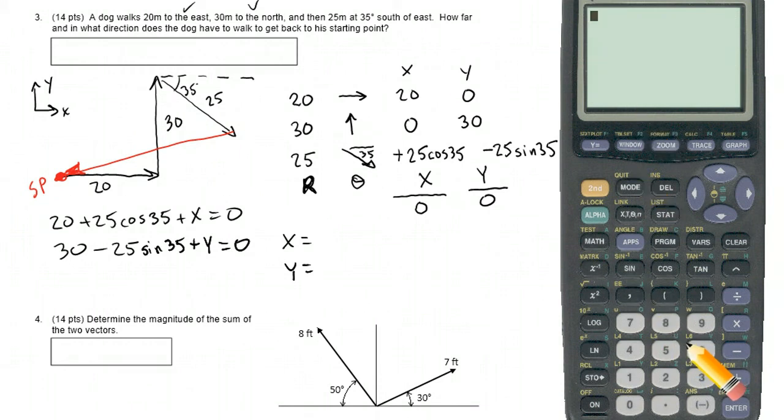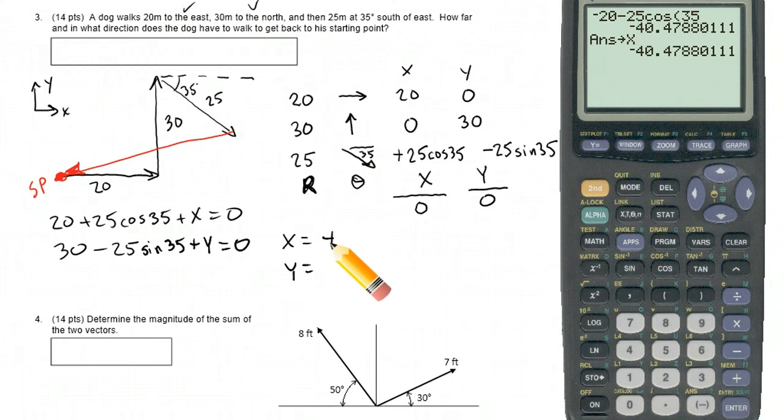Alright, this one's pretty easy. I would not necessarily use the solver. I will just take these two terms right here, move them over the other side. They're both negative. So I will have negative 20 minus 25 cosine 35. I can see from my problem that the x should come out to be negative, and it's minus 40.5. Alright, I'm going to store that in x just to keep that, and I'll make a note of it here.